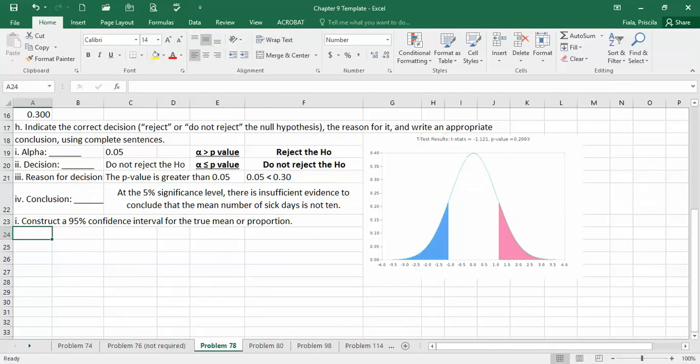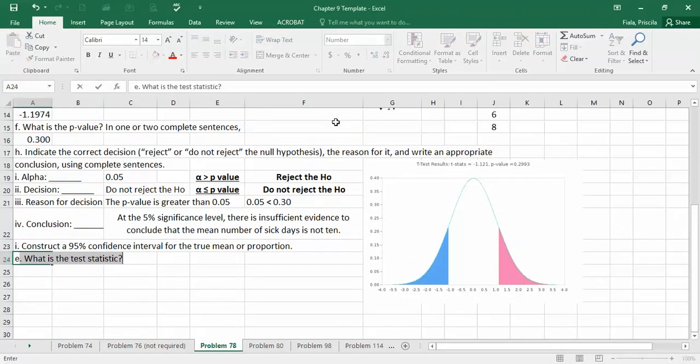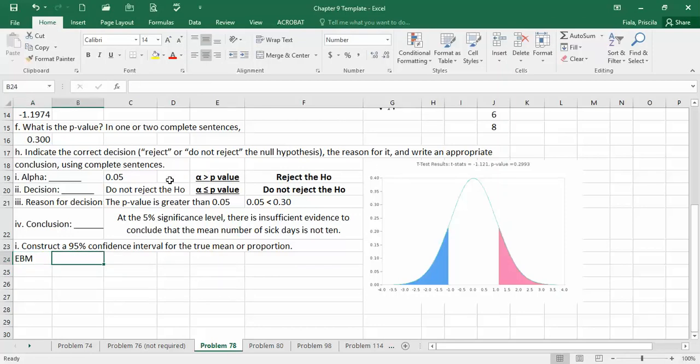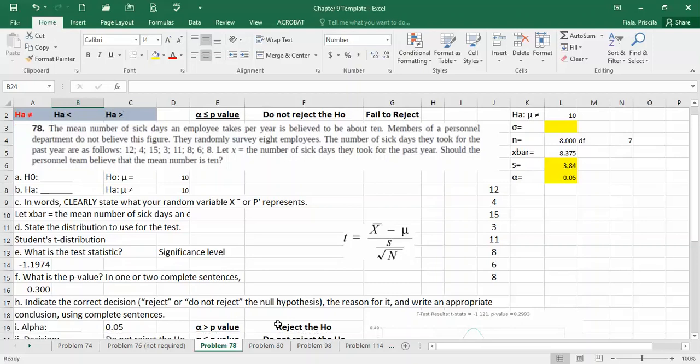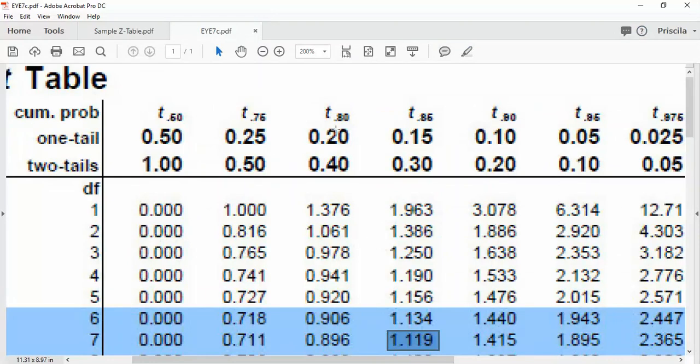Lastly, let's build our confidence interval. We're actually going to do it a little differently, because you have determined the alpha to be 5%, correct? And you also have determined the degrees of freedom to be 7. So let's go back to the t-table.